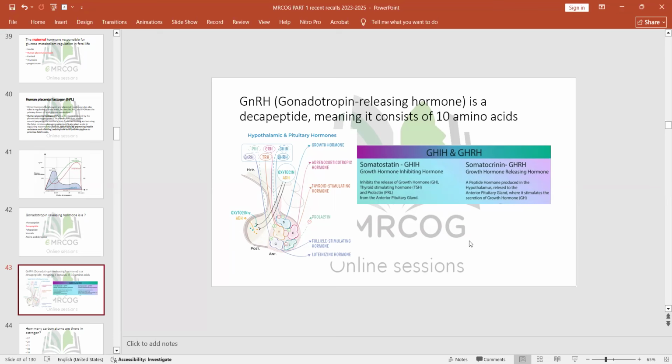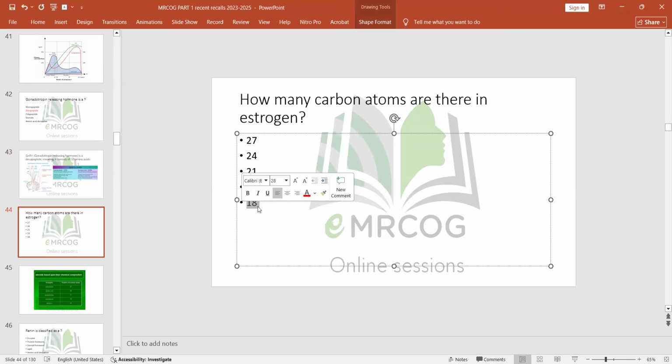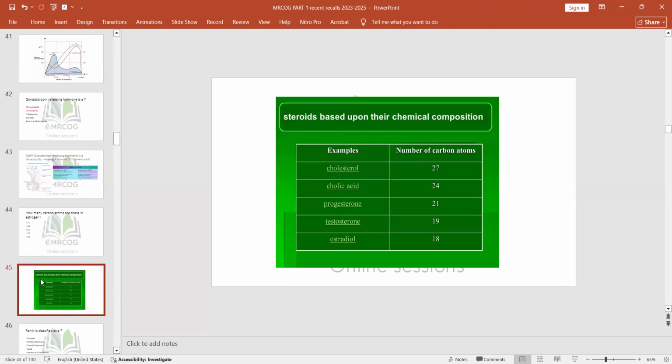Yes, so estrogen, progesterone, testosterone are steroids. Excellent. While FSH and LH are mainly glycoproteins. Please go through them because those are very famous exam questions also. Another silly exam question, how many carbon atoms are there in estrogen? I really didn't know before this exam. Yes, 18. And please don't ask me why this is an exam question in RCOG. I have no idea.